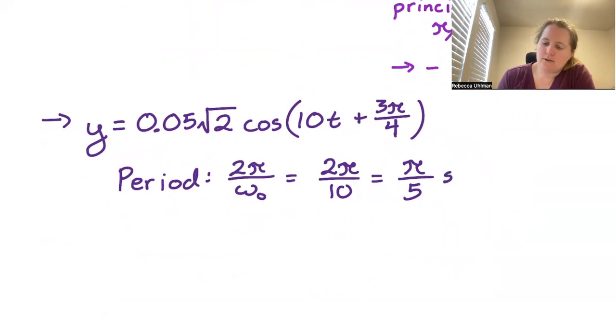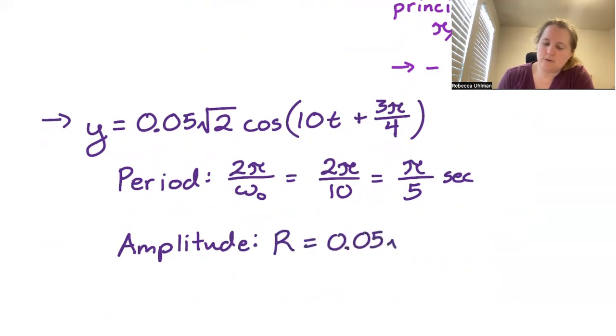And our units are seconds. Our amplitude is just our capital R, which is 0.05 times the square root of 2. Our amplitude takes our y units, so this is meters.